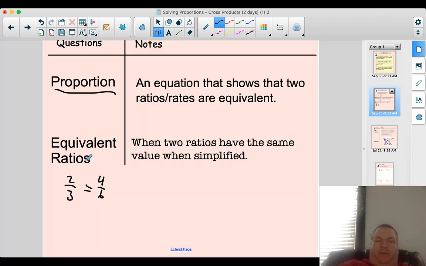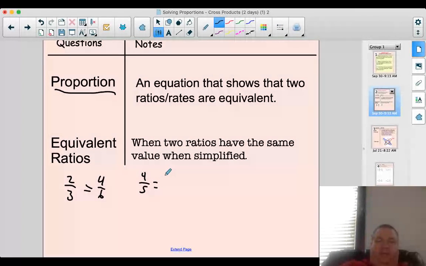All right, equivalent ratios. The ratios in your proportions are going to be equivalent, same as equivalent fractions. Okay, when two ratios have the same value, when simplified, they're said to be equivalent ratios. Now let's come up with a couple other examples of equivalent ratios, just so I can show you something neat that we're going to be using. Let's say 4 to 5, and let's triple the top and bottom this time.